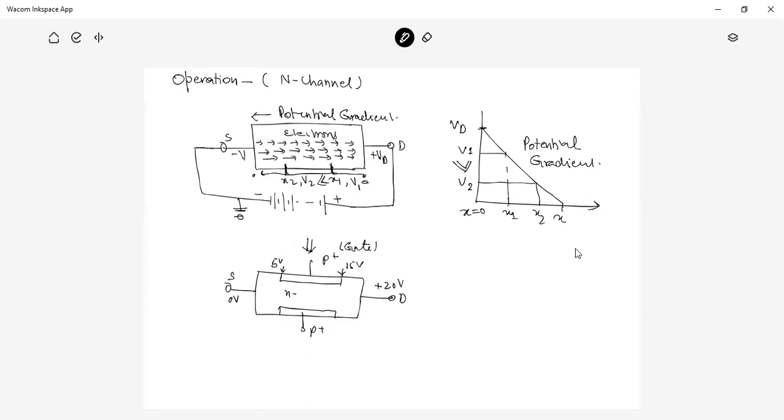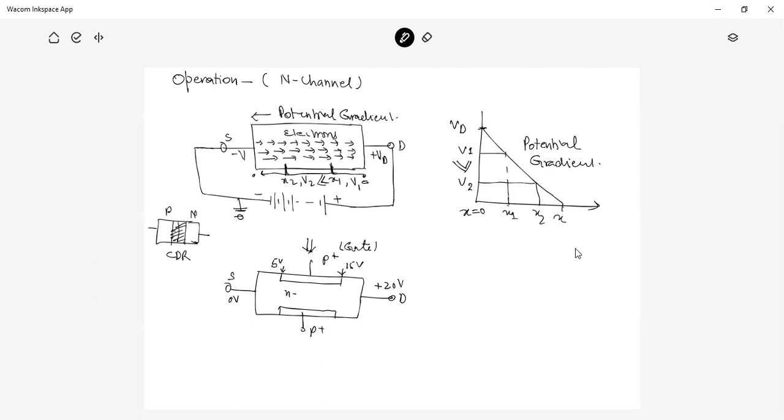So across the P plus and N, this is something like a PN junction, then a CDR region will form across the junction.